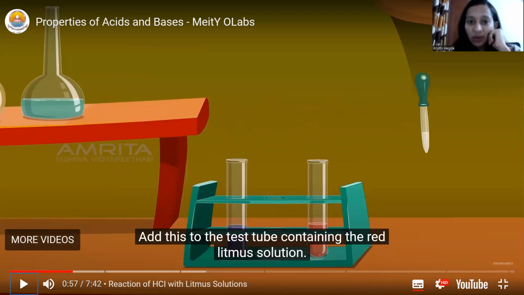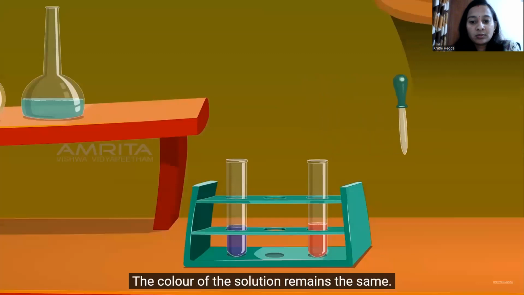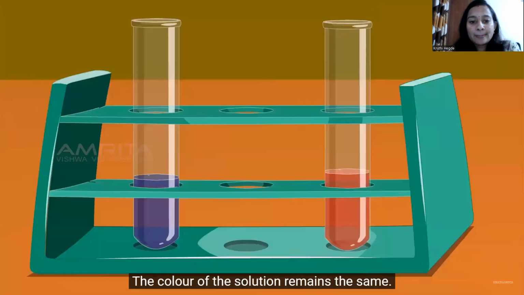HCl is an acid. They're adding acid to red litmus and blue litmus solution. From the previous video that we discussed yesterday, we understood that in case of acids, red litmus remains red, whereas blue litmus turns red. Let us watch now. Add this to the test tube containing the red litmus solution. The color of the solution remains the same.